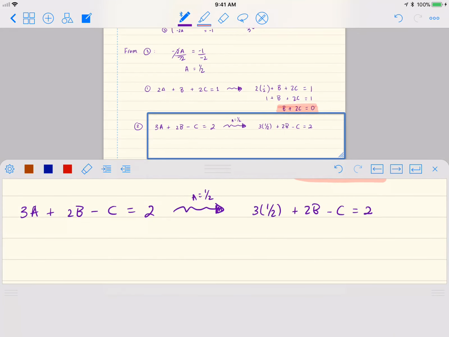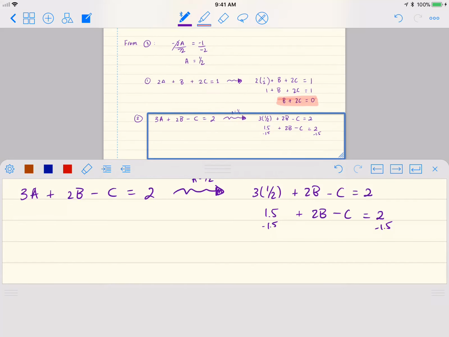So it's 1.5 plus 2B minus C equals 2. I'm going to subtract 1.5 from both sides, and I'm going to get 2B minus C equals 0.5. I'll just write that as 1/2. Okay, so this is our new equation 3: 2B minus C equals 1/2.